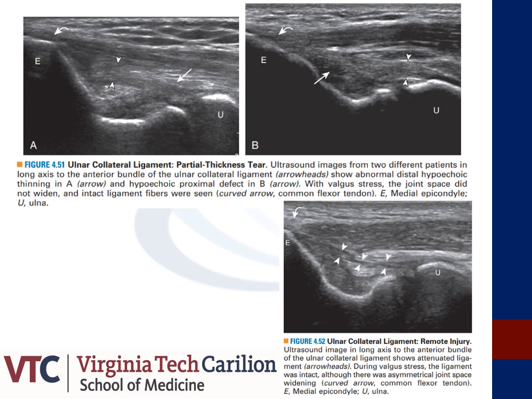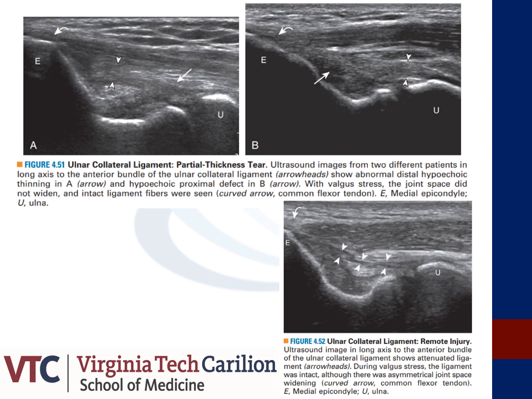Here are some ultrasound images demonstrating a partial thickness tear and a remote injury. Figure A shows this abnormal hypoechoic region within the UCL tendon, while figure B demonstrates a partial thickness tear at its origin.